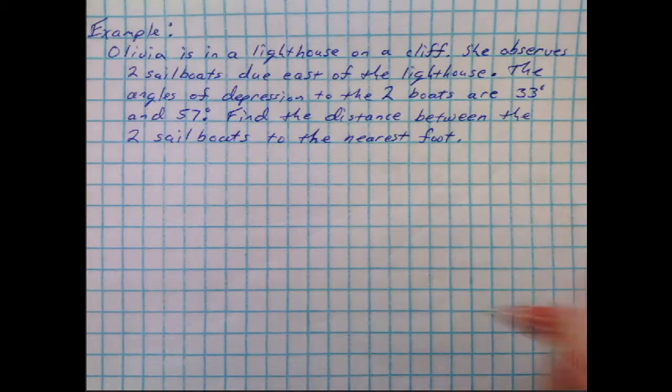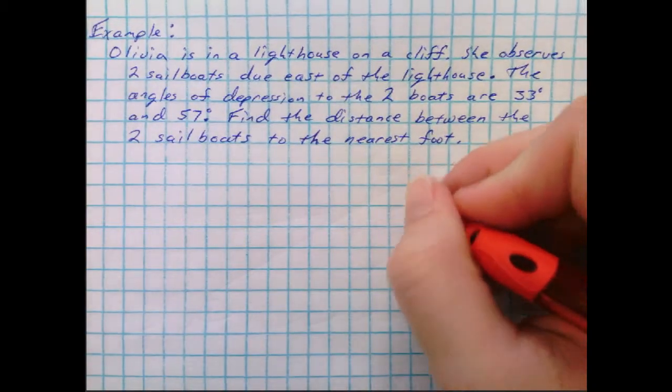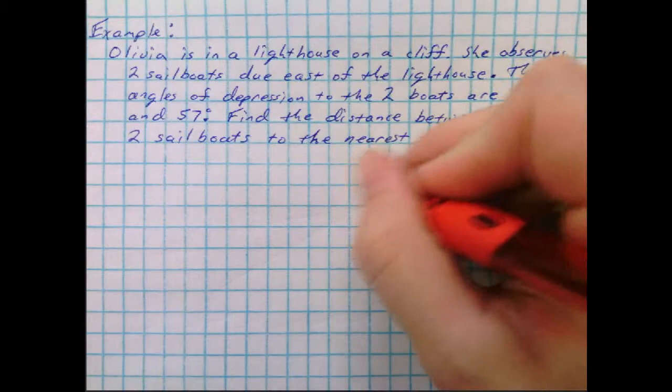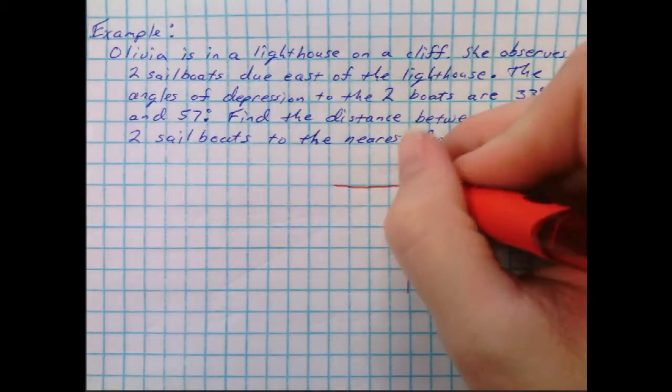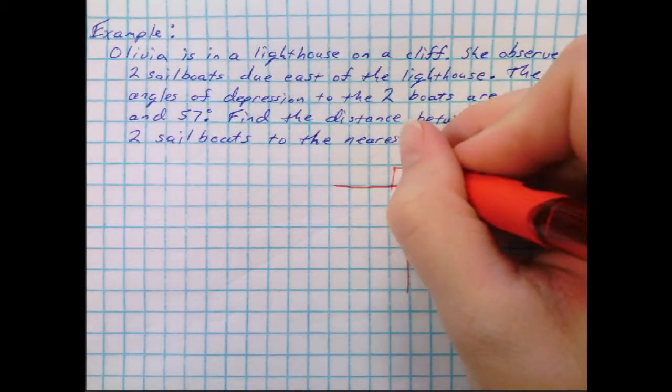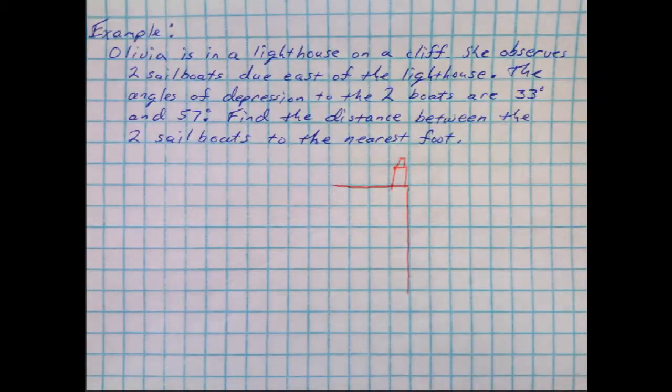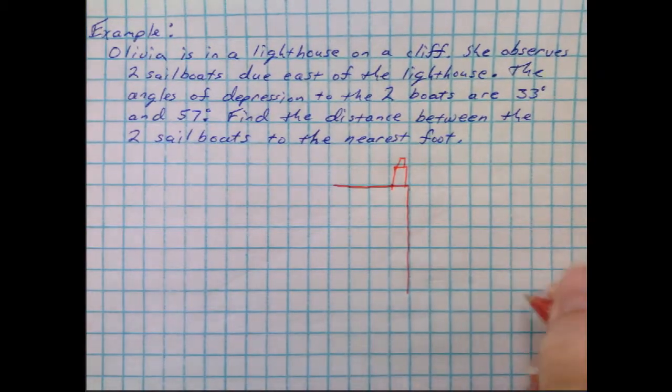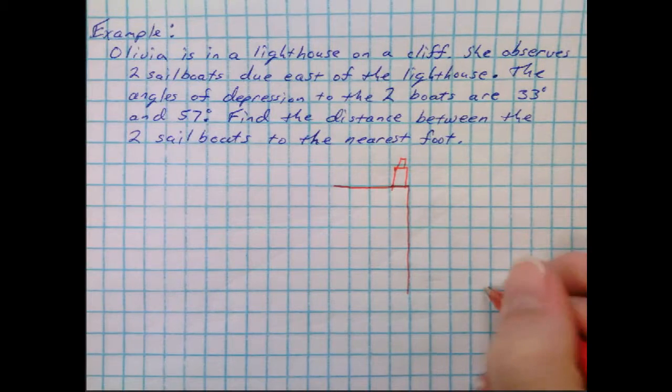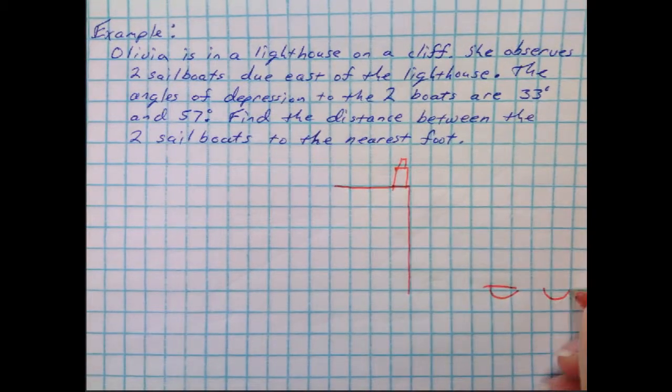Okay, so our picture. We're up on a cliff. So we've got our cliff here, and we have a lighthouse on top of the cliff. So I've got my little lighthouse, and I have two boats. Two boats out here in the water.